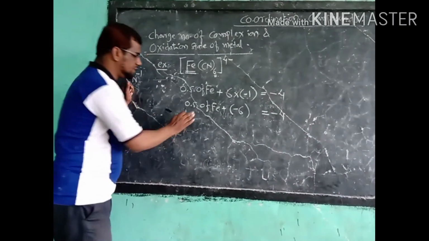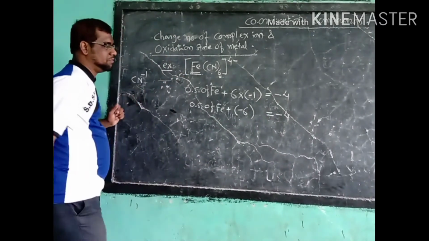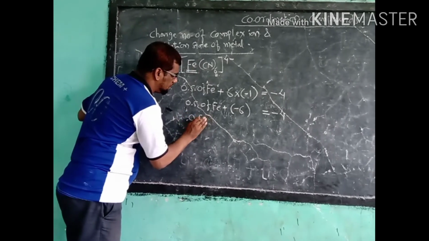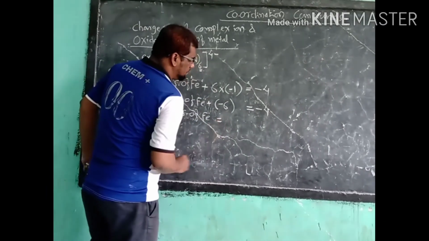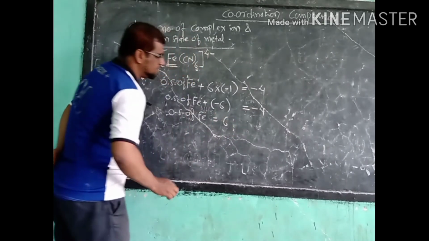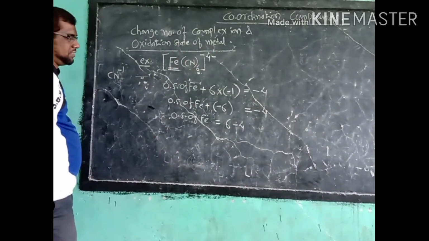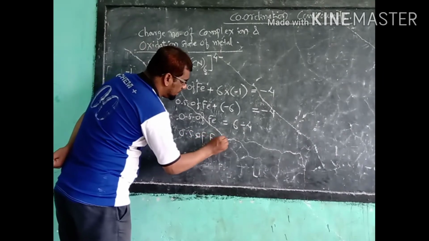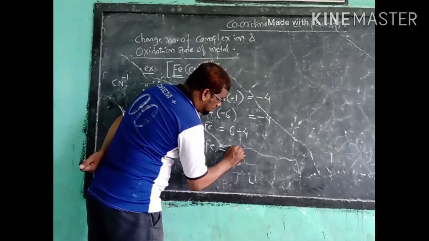Now we shall calculate this. The -6, after shifting to the other side, becomes plus 6. So the oxidation state of Fe is equal to 6, and the -4 remains as it is. The oxidation state of Fe is 6 minus 4, which is equal to 2.